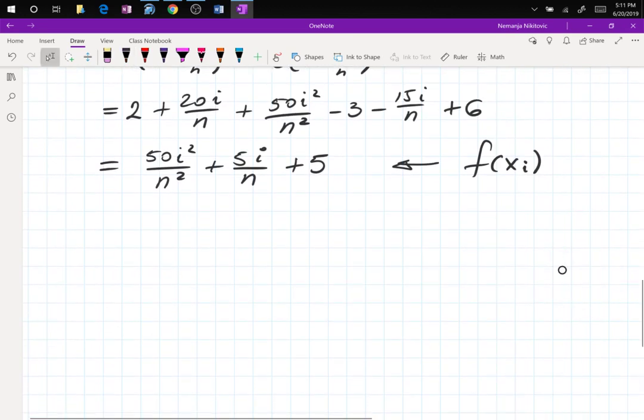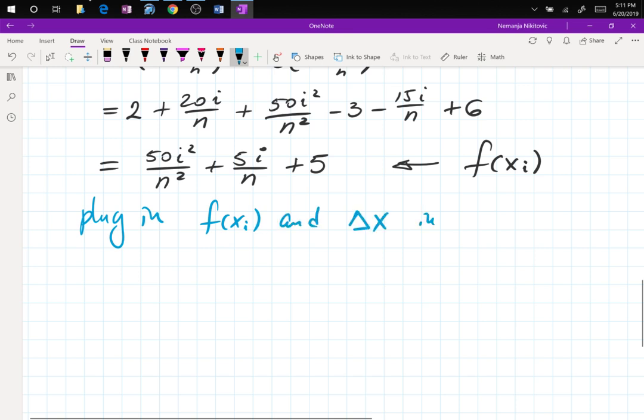So now, plug in f of xi and delta x into the limit formula.